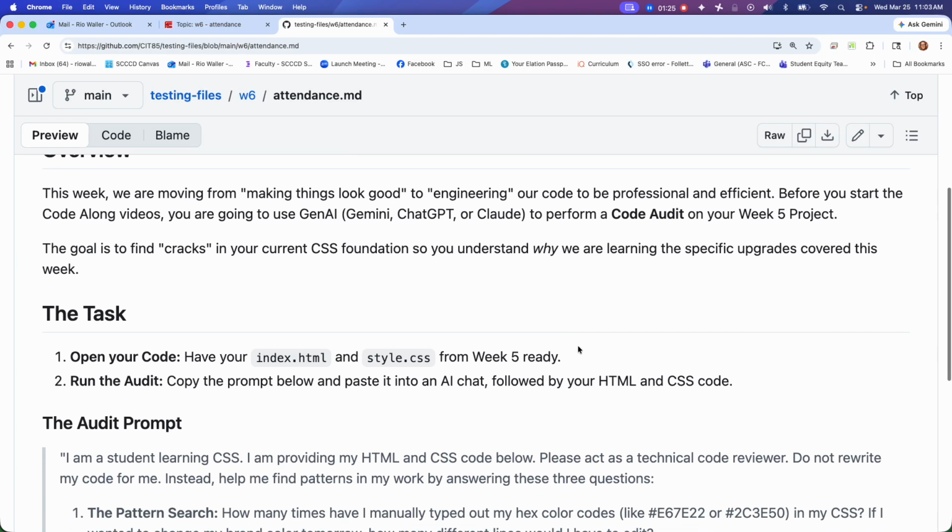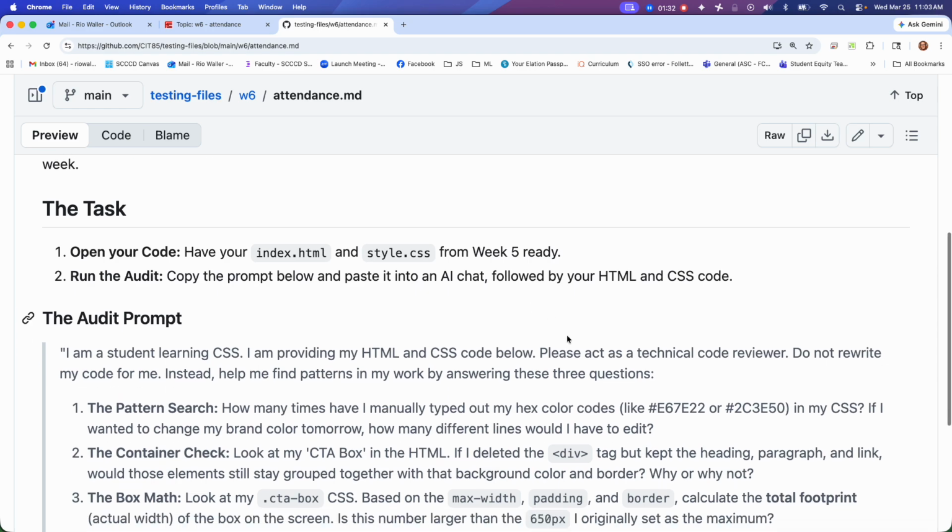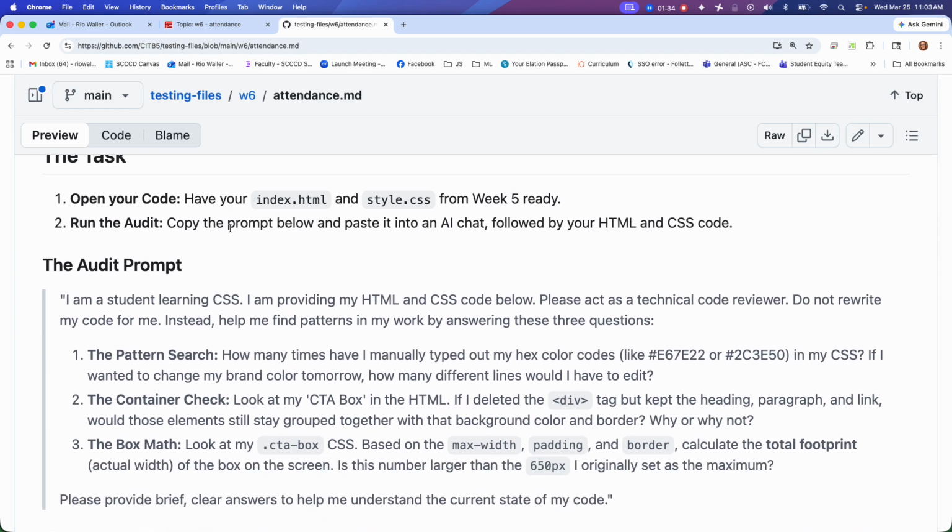In this case, you're going to take your HTML and CSS from your week 5 project. I need to add that here. And then you're going to copy this prompt. So, "I'm a student learning CSS," and so on. It's going to look for some things like pattern searches, container checks, and box math, because this is going to be key as you come into understanding the reset and why box sizing on a reset is so helpful.